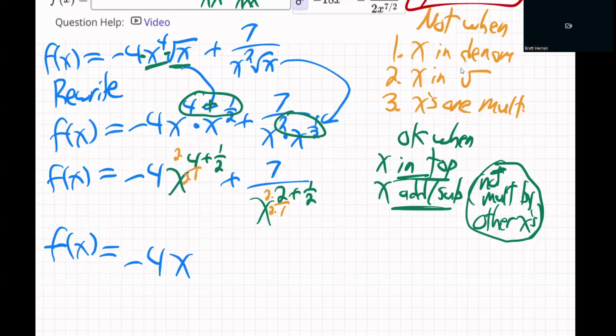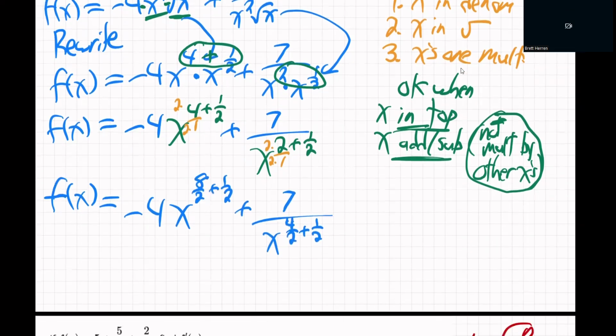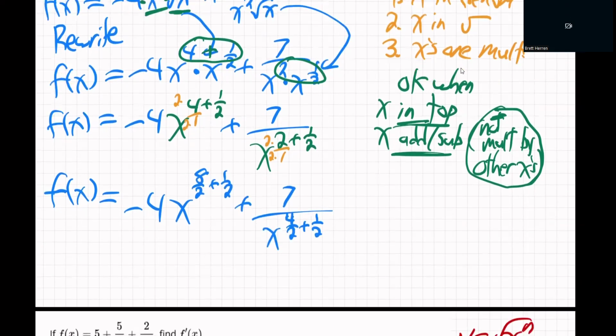So this becomes 8 over 2 plus 1 over 2. Do you see that? And this becomes 4 over 2. Sorry, I'm getting scribbly there. See what's happening there. It's getting a little ugly, isn't it?